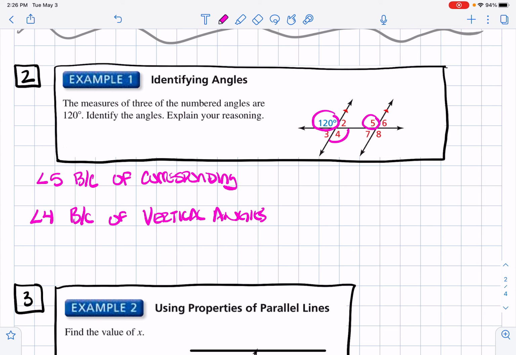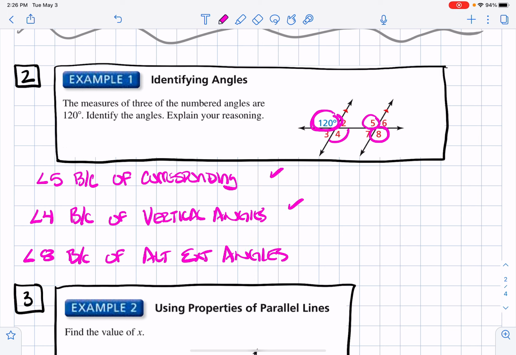And lastly, the last one we have is 120, and we have angle 8. Those are alternate exterior angles. So angle 8, because of alternate exterior angles. So those are our three numbered angles that measure 120.